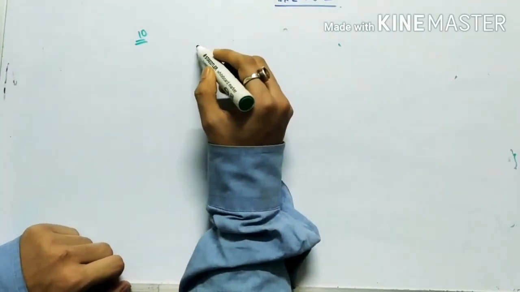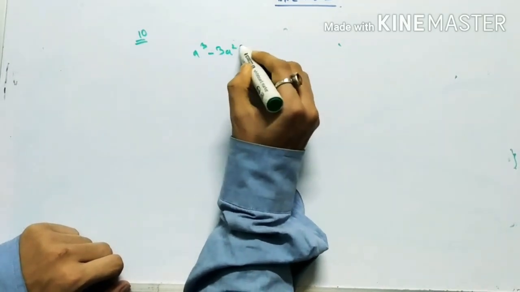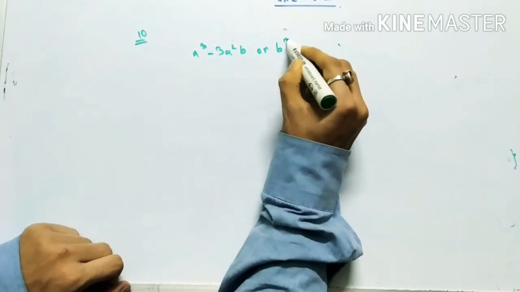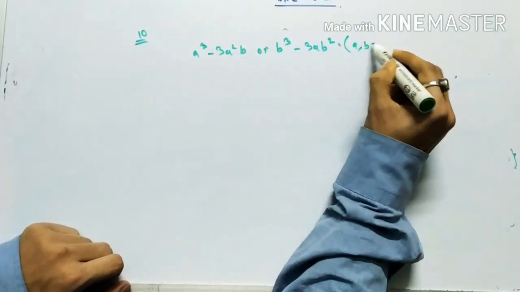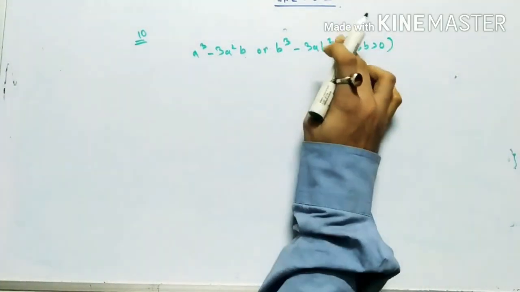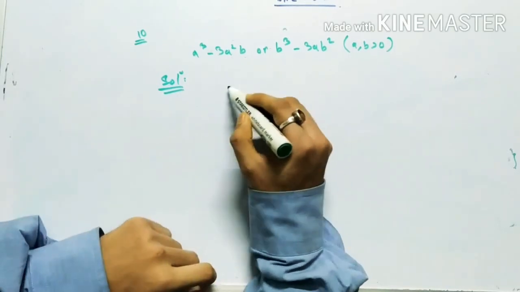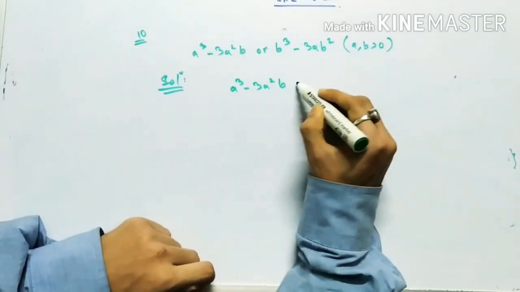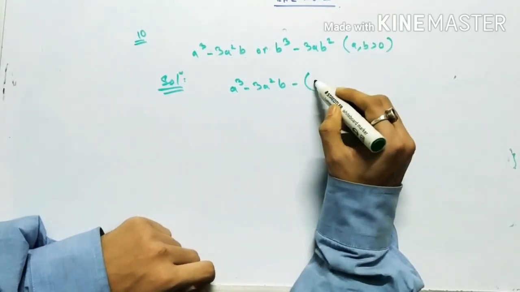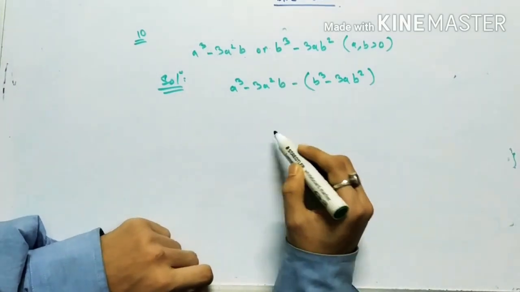Question number 10 again: which is greater, a cube minus 3a square b or b cube minus 3ab square? Which is greater? Solution: I will take it this way, a cube minus 3a square b minus b cube minus 3ab square.